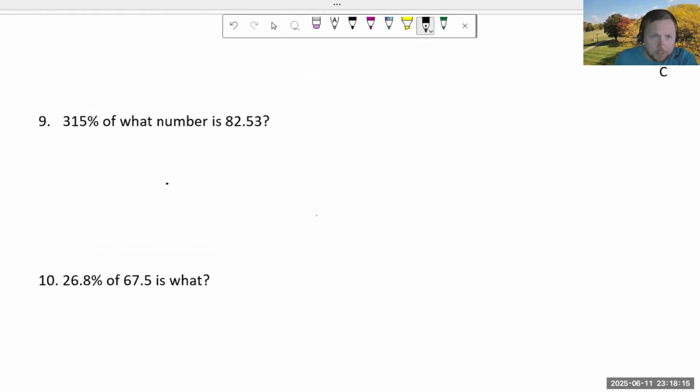315% of what number is 82.53? So convert 315% into a decimal. So that's 3.15. Of means multiply. What number means X. Is means equals. And then I write down my 82.53. And I see I just need to divide both sides by the 3.15.